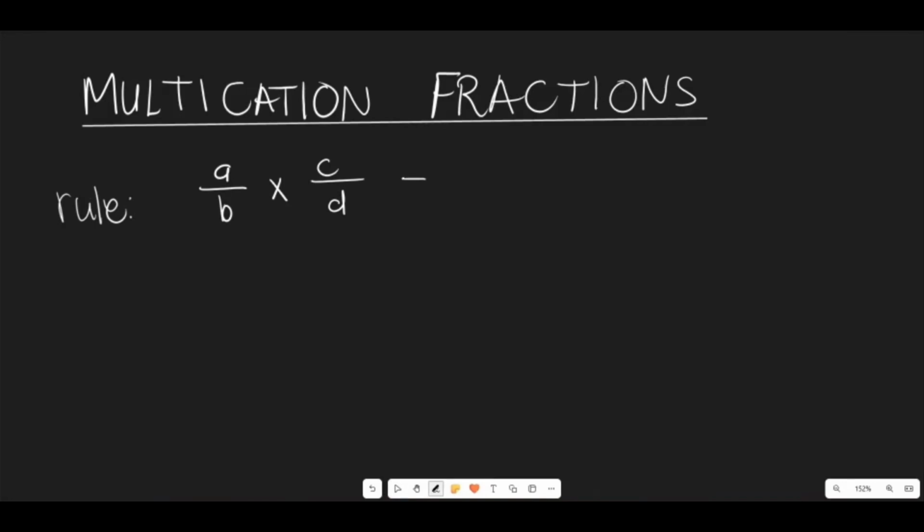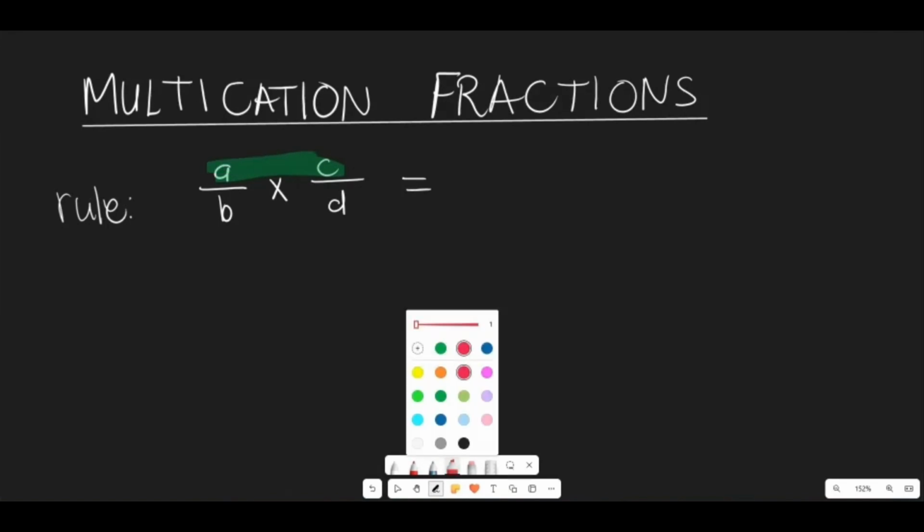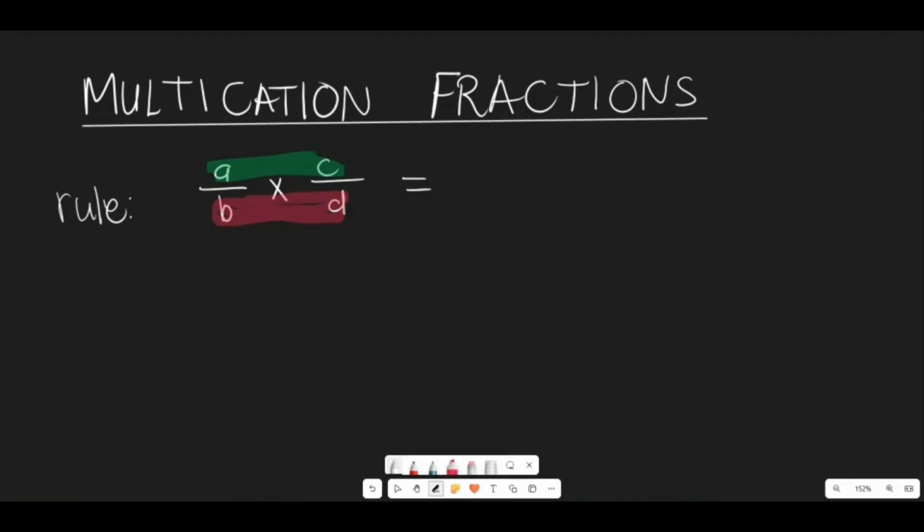What do we do over here? We just multiply the numerators by themselves. Then we also multiply the denominators by themselves. And that will be our final answer. As simple as that. So our final answer would be AC divided by BD. Pretty straightforward, right?